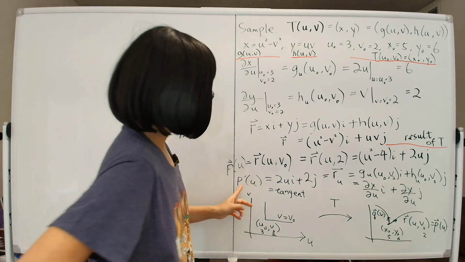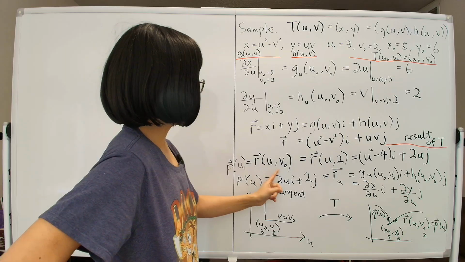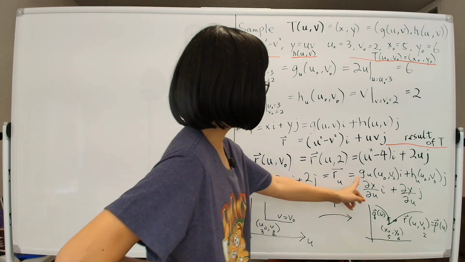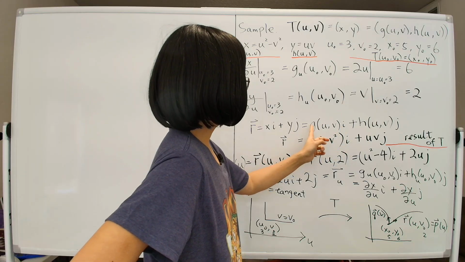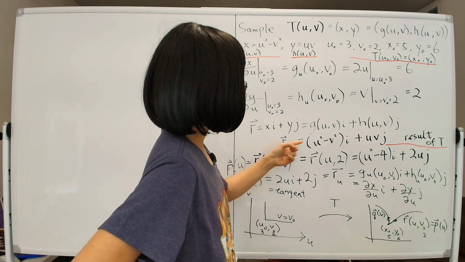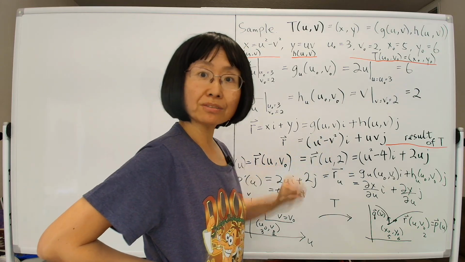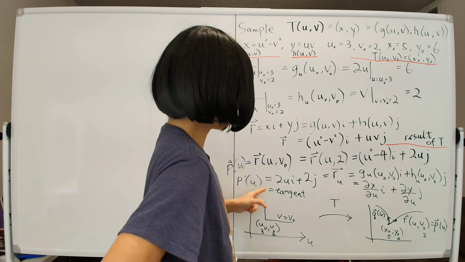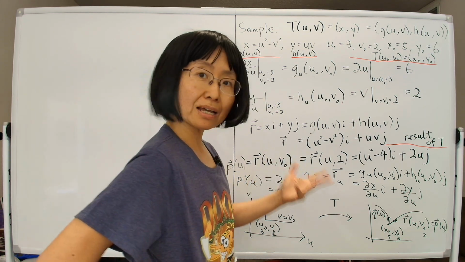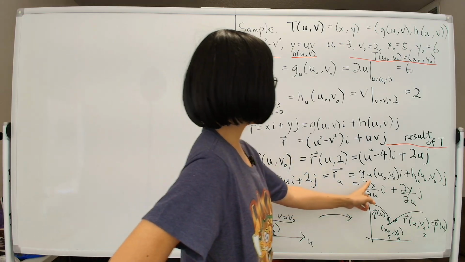Now, the derivative with respect to u, which we did, is also called the vector r with respect to u, which means we'll take the partial derivative of g with respect to u, because differentiating with respect to u is the same as considering the v variable constant, which is what we did here. We have the v variable constant at 2. So that's the same thing as doing the partial derivative.